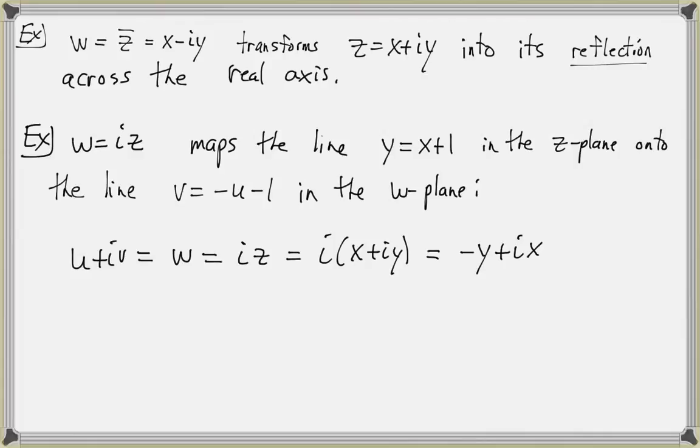So from the equation u plus iv equals negative y plus ix, we get that u equals negative y and v equals x.